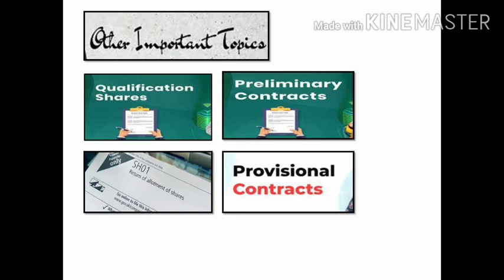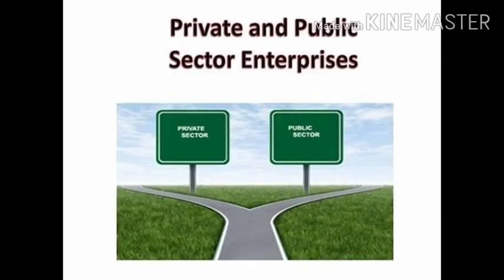Now we will move on to chapter 3, private and public sector enterprises. In this chapter, we have to study about the private and public sector enterprises. What are the basic differences between these two enterprises?